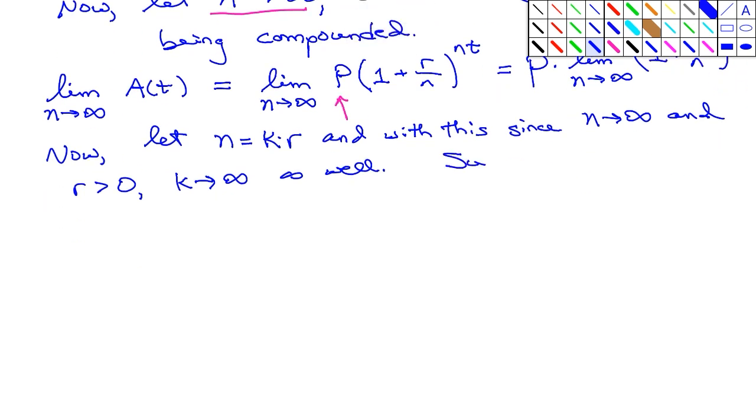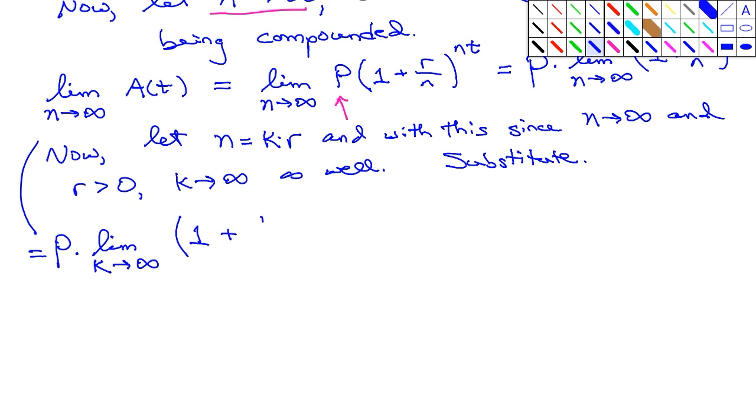And now the trick here is to substitute. So I'm going to pick this back up, my limit. We're going to say that this is now equal to, I forgot my P. Let me get my P in here. P times the limit as k goes to infinity of 1 plus r over, and we did have an n right here.